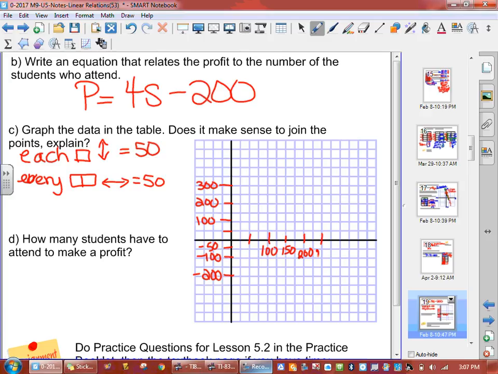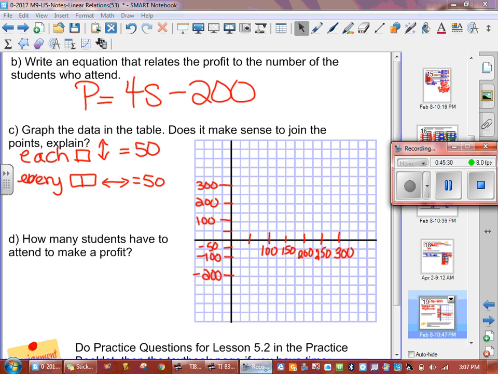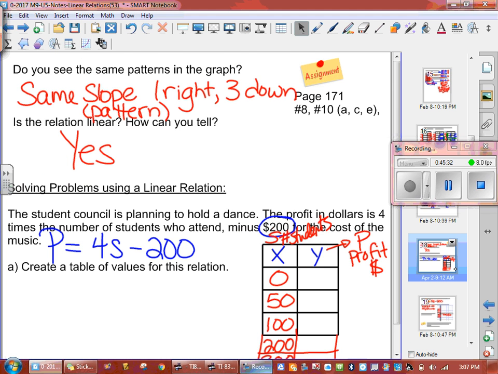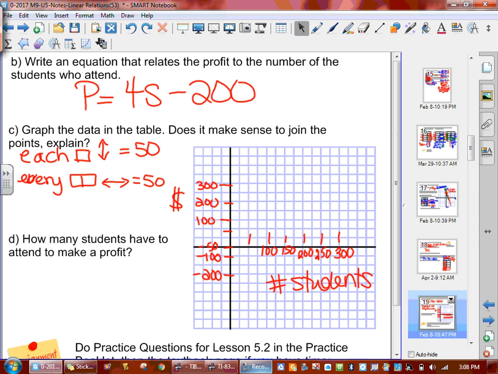Okay. So now we're going to plot each of them. At 0 people attending, where was I? Well, we're not sure. So we have to write this down. We're going to go 4 times the number, subtract 200.